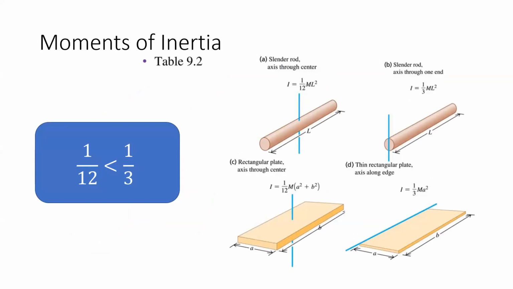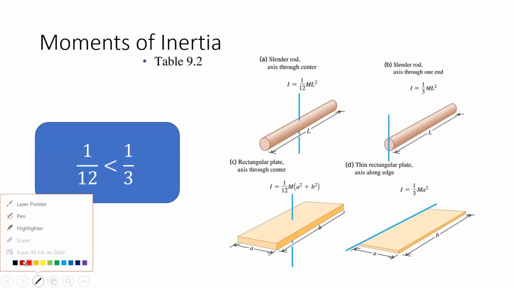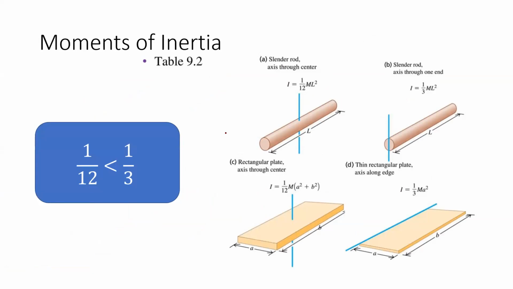Here we are looking at rods and rectangular plates. You will notice that the moment of inertia for the slender rod where the axis is through the center is less than the moment of inertia for the rod where the axis is through one end. Why?